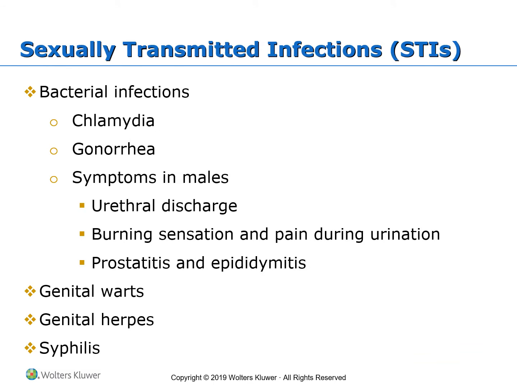We'll look now into the sexually transmitted infections or diseases. They are also called venereal diseases, and they spread through sexual contact in both males and females. The most common infections involve chlamydia and gonorrhea. In males, those two will manifest themselves by a discharge from the urethra that may or may not be accompanied by a burning sensation and pain, especially during urination.